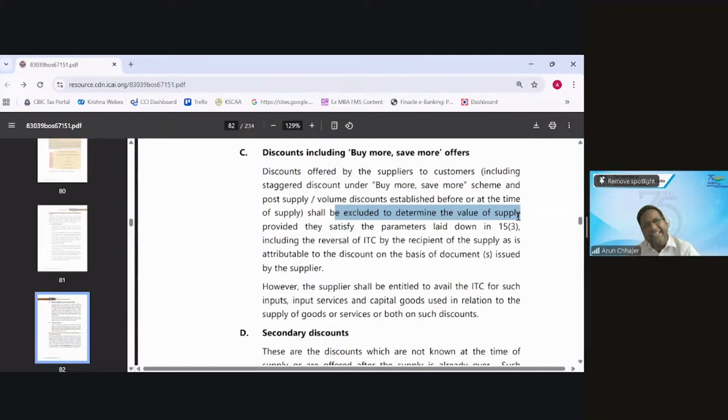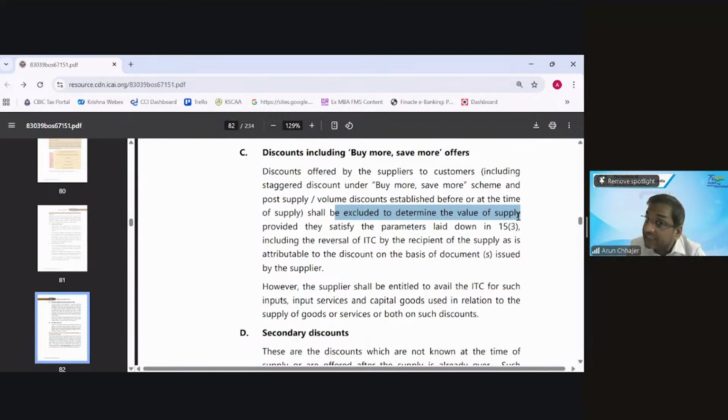So I can say there are three conditions. First, there has to be an agreement on or before the supply. Second, it should be linked to the relevant invoices. Do you agree with this? There is one more point, that it should be linked to the relevant invoices. And the third is ITC has been reversed by the recipient.